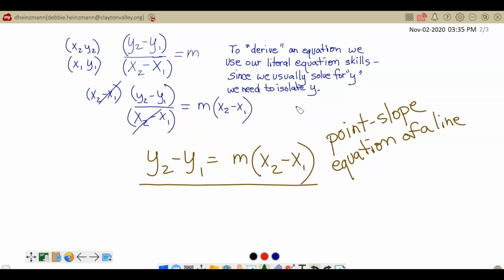So I say that since this is the point slope form, that means we have the slope and we have one point. That means that our other point, since we're solving for it, we're going to plug in an x and we're going to get a y.